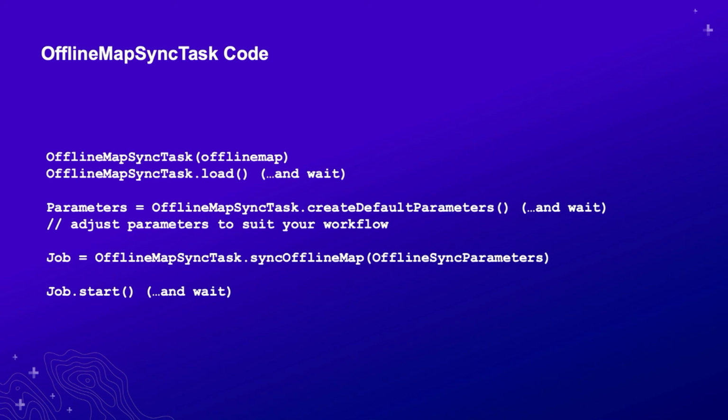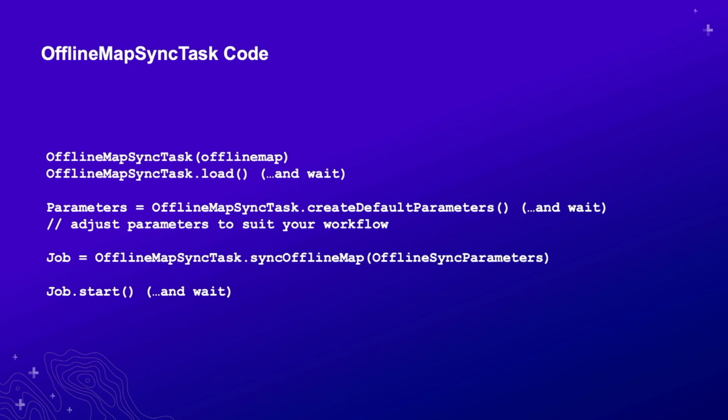Are you doing a one-way sync, a two-way sync, etc.? And you get a job, and then you start it, and then you wait until the sync process has finished. And if there's any issues during the sync process, you would get that in the result of the job. So that's how you work with offline and online maps in a read-only way.